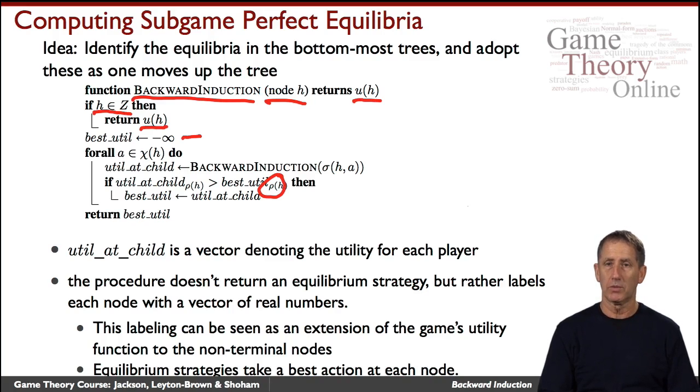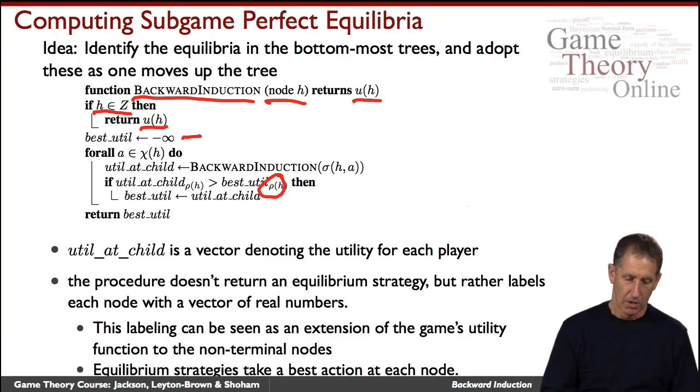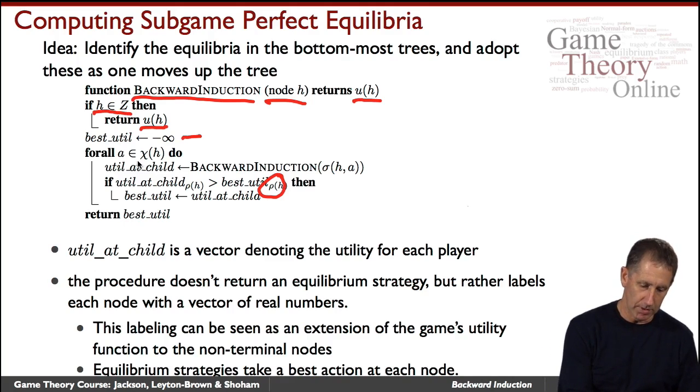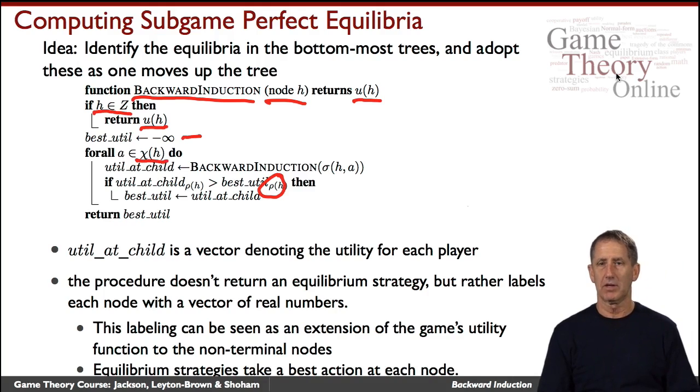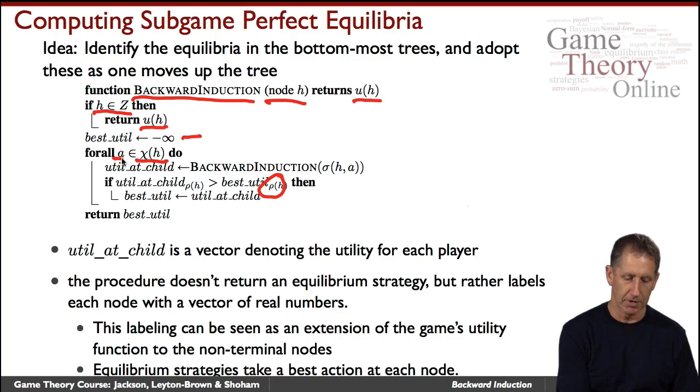So to start out with, we'll assume the payoffs are all terrible. Let's call that minus infinity, a payoff smaller than all possible payoffs in the game. And then we do the following. We will look at all the actions available at that node. So chi of h is the set of all actions available at that node. a would be an example of such an action.